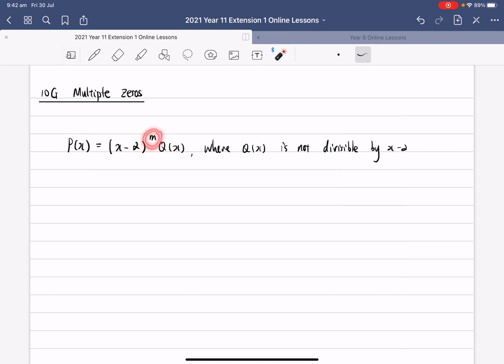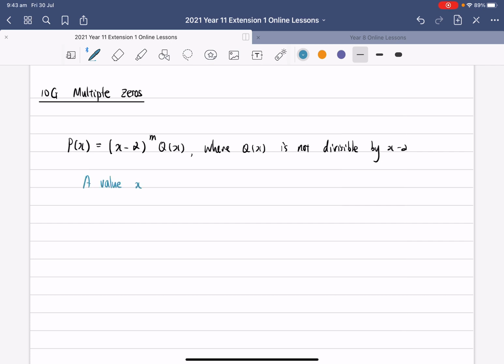That power of m tells you the multiplicity. It could be a double root or a triple root, depending on what the power equals. If it's a power of 2, then it's a double root, since you can separate these factors into x minus alpha and x minus alpha when they multiply together. So the value of m tells you the multiplicity of the root, okay?